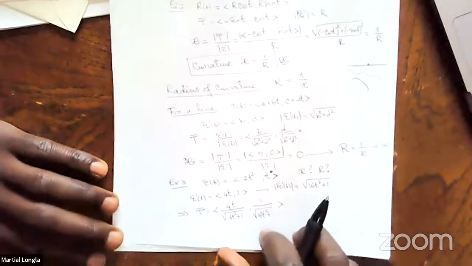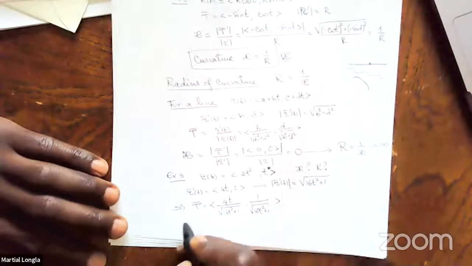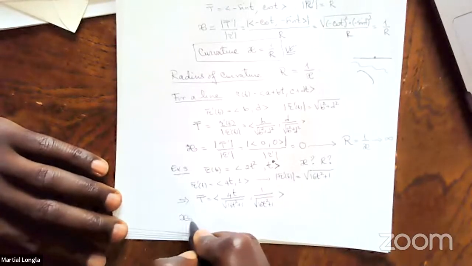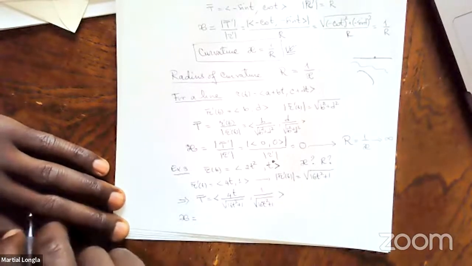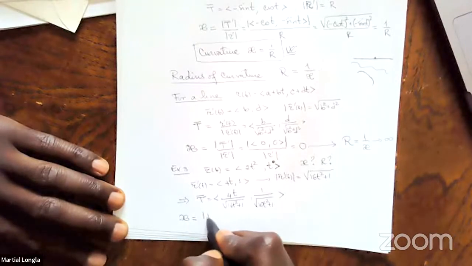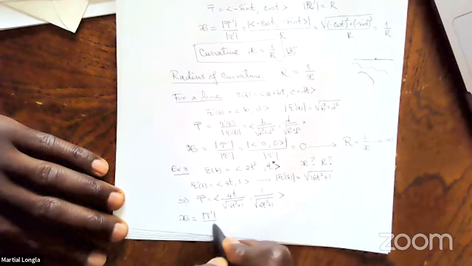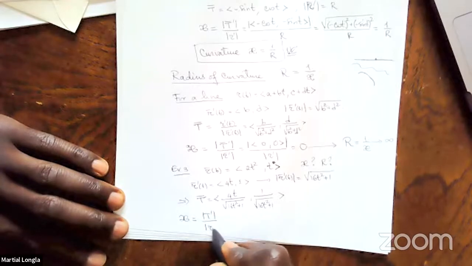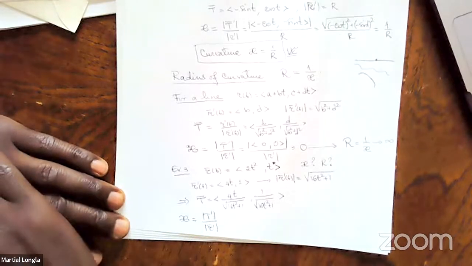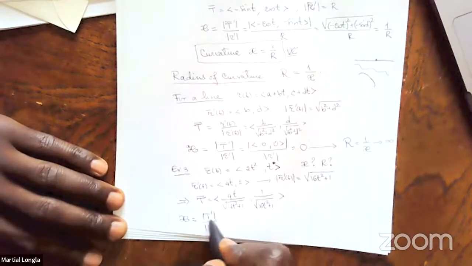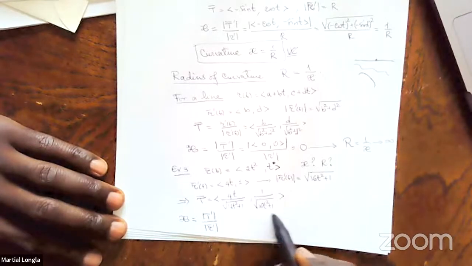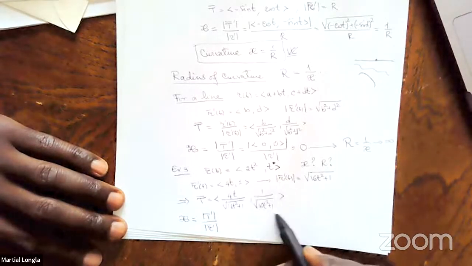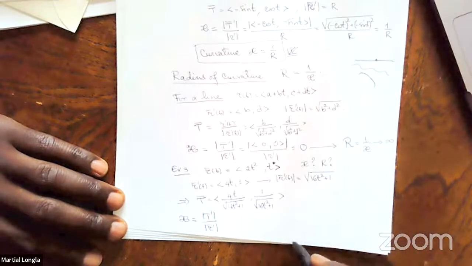Here we want to find kappa using the formula. What is kappa equal to? It's the magnitude of T prime over the magnitude of r prime, right? But to get the magnitude of T prime, you've got to find T prime first. That's where it gets ugly, right?